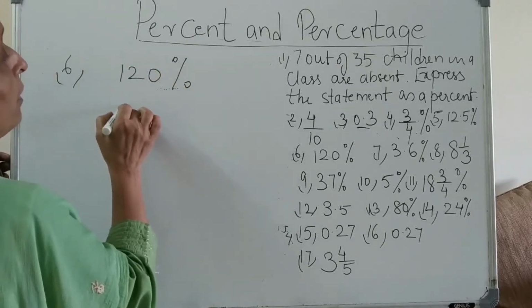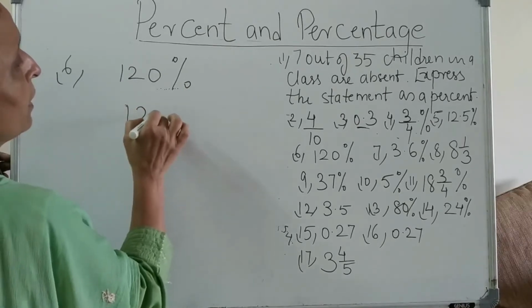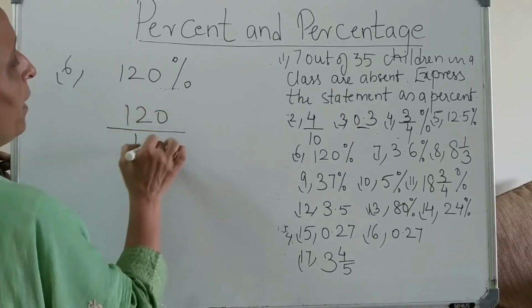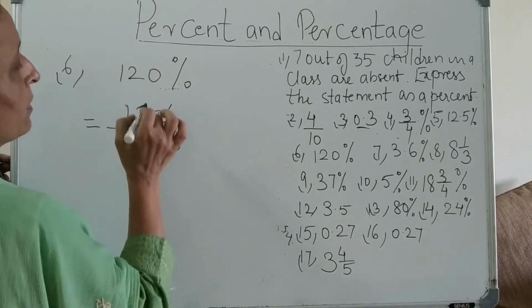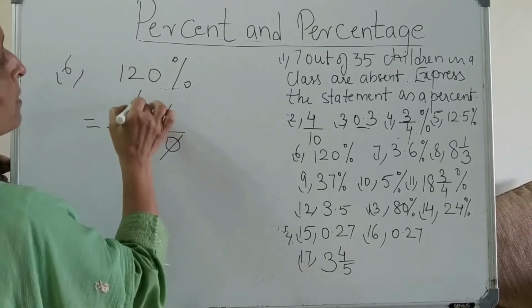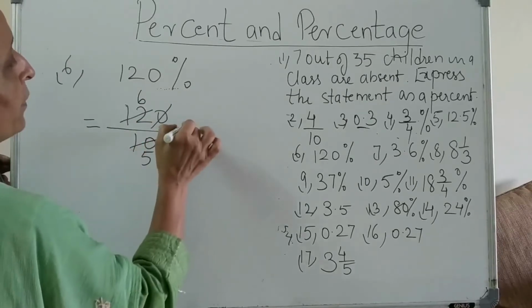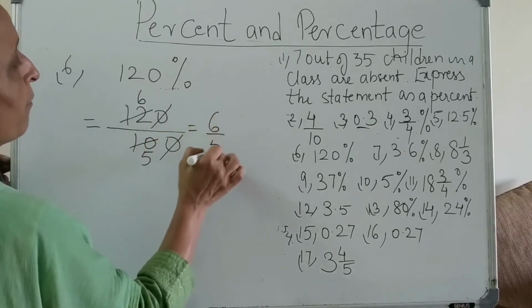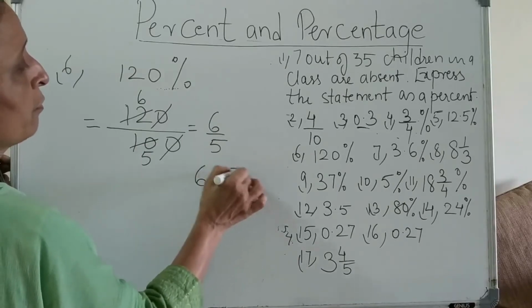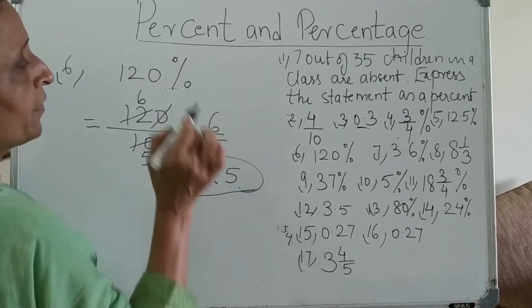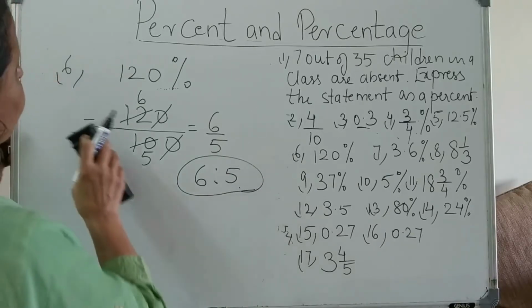When you want decimal or fraction, it has to be divided by 100. So now you divide it and 1 0 gets cancelled. 2 6s are 12, 2 5s are 10. Here the fraction is 6 by 5. You can also write 6 is to 5. This is the answer in fraction.